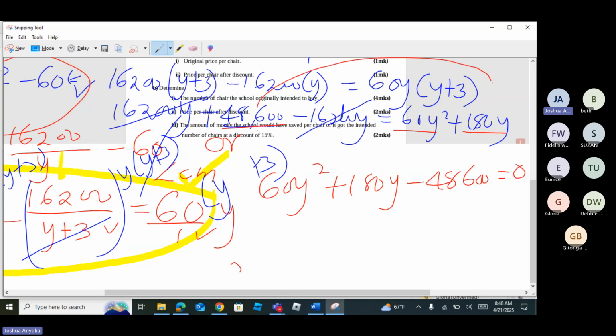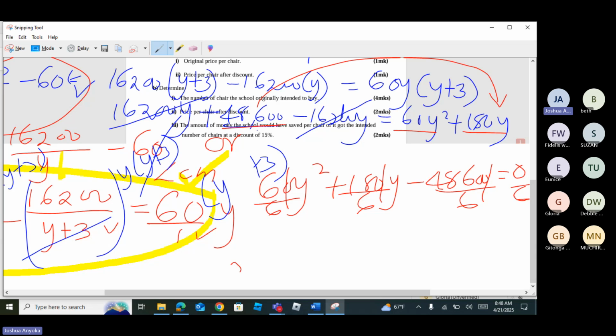We have taken this one to the other side. I can see 10 is common. Let us check whether 60 can be divided. 4860 divided by 6, divided by 6 all through.